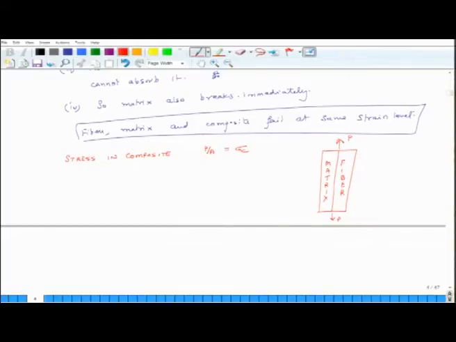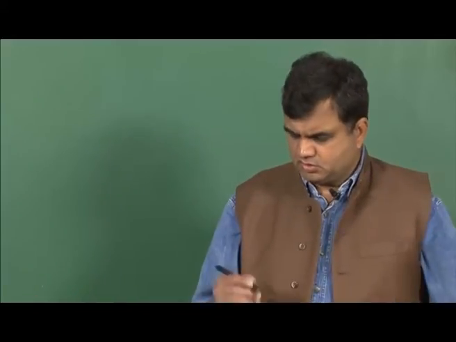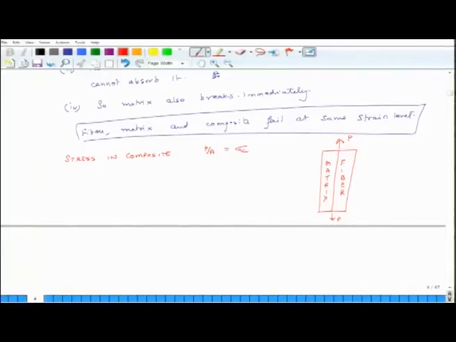Now, if I keep on pulling it, fibers fail and immediately all that load gets transferred to matrix and then matrix also fails. So, just at the point of breakage, P, which is the external load, will be load shared by fibers plus load shared by matrix, right.